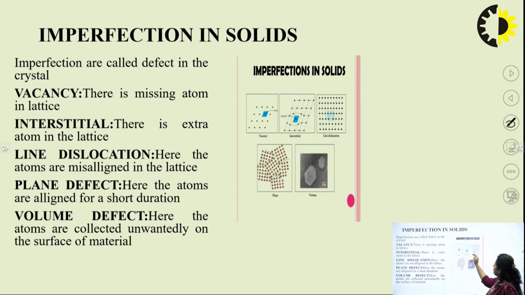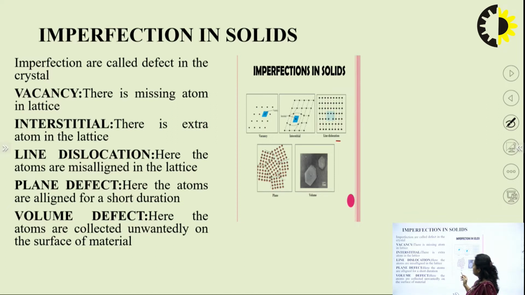The second one has the arrangement proper, but there is some misalignment in the third line or the fourth line. Whenever there is some misalignment and there are some extra atoms in the lattice, it is called an interstitial type of imperfection. The third one is the line dislocation. In the line dislocation, there will be no regular arrangement. Some have regular arrangements and some don't follow the particular line of the arrangement, so it is called line dislocation.